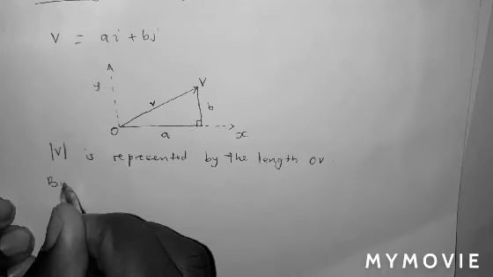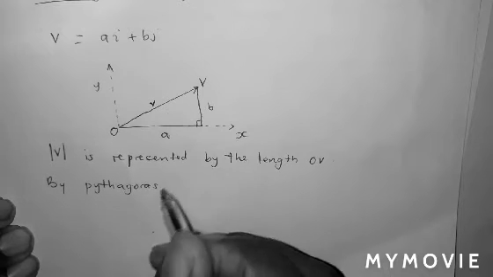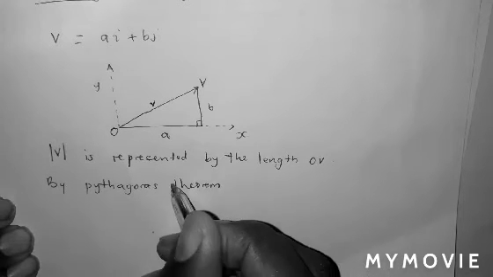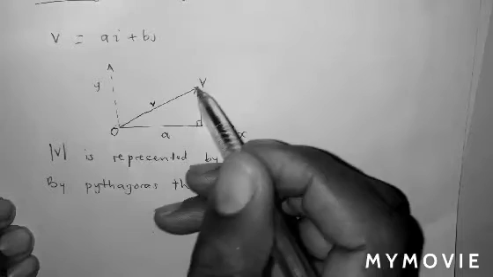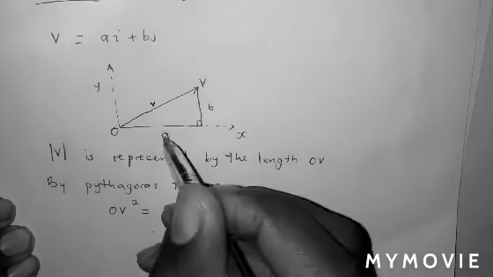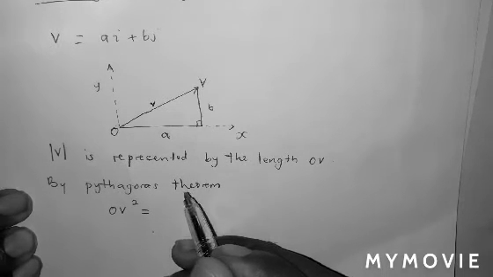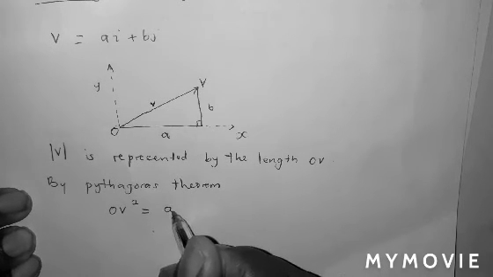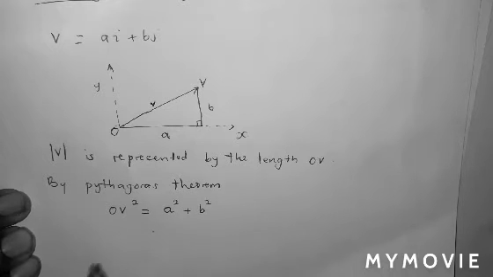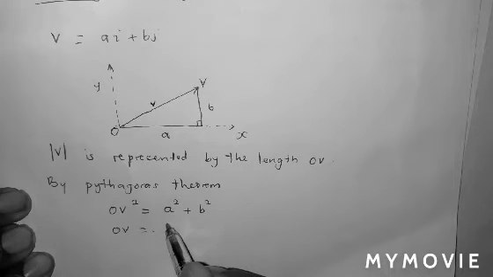So we can say by Pythagoras theorem, we shall have the longest side, which is OV squared, is equal to the sum of the squares of the shortest sides of our right-angled triangle. So we shall have a squared plus b squared. And that means that OV is equal to the square root of a squared plus b squared.